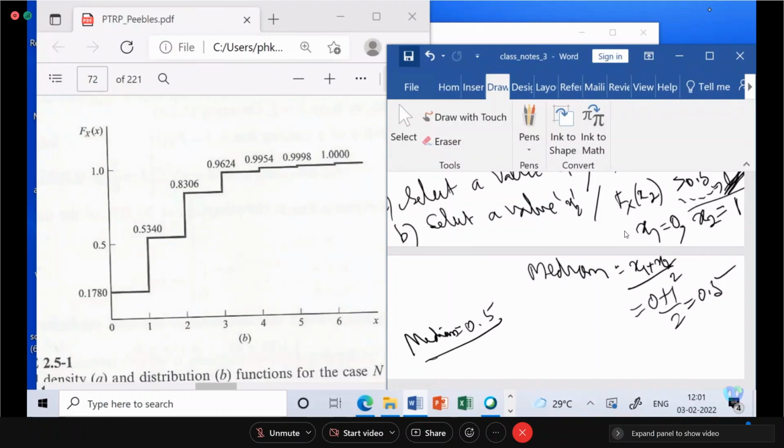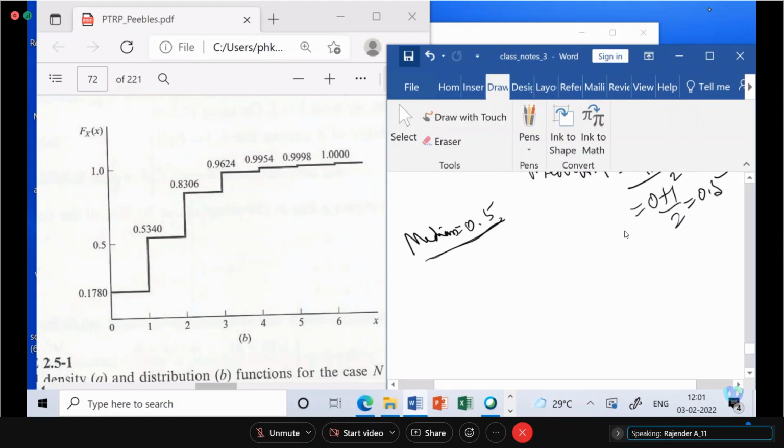What it says, 50% the chance. Probability is also referred to as the chance. The chance that the random variable is less than or equal to 0.5 is 50%.